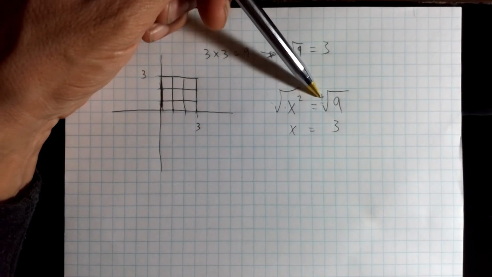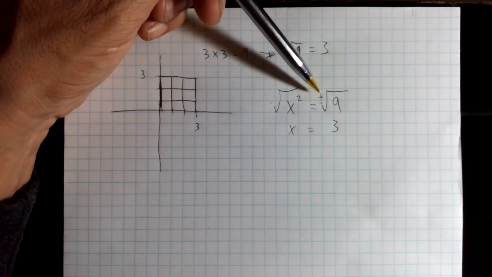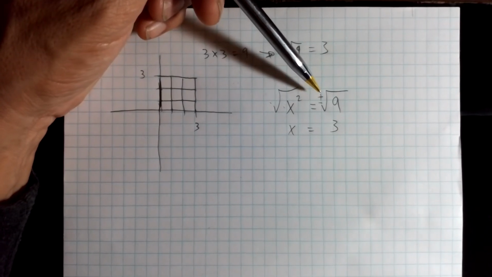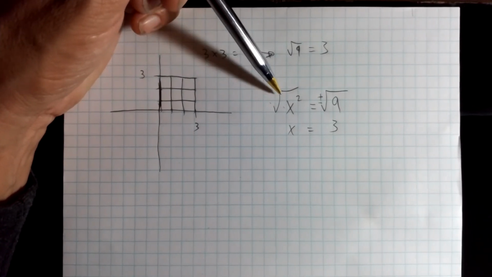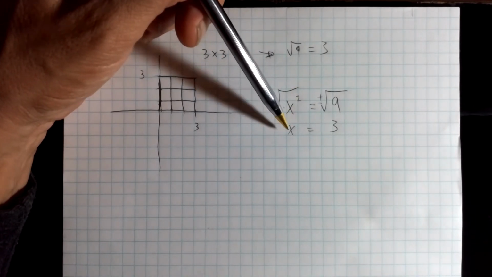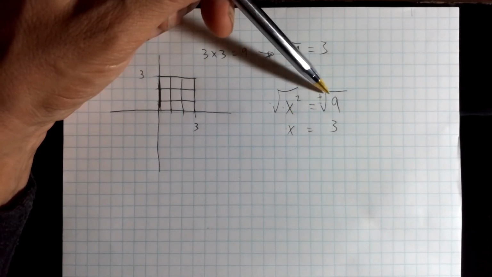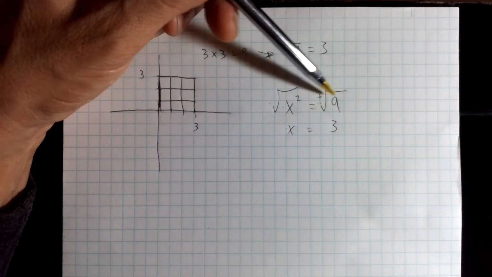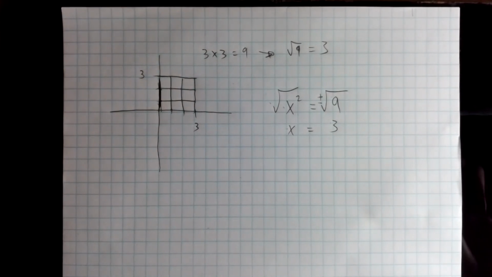That's why I have a plus and minus here. For our geometry class, we're not going to deal with the plus and minus, so here I won't require this. Just know that the square root of something squared brings that something out, but you have to take the square root of whatever's on the other side of the equation. And in this case, the square root of 9 becomes 3.